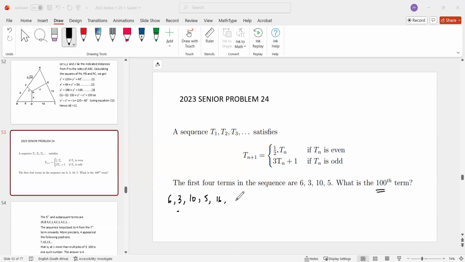This is even, halve it, halve it, halve it, halve it. Now you come to an odd, so the next term will be 3 times this plus 1, which is 4. Now halve it. Oh, so you come back to 1 now. So the next term again is 1 times 3 plus 1, which is 4. Halve it, halve it. So this 4, 2, 1 keeps repeating.